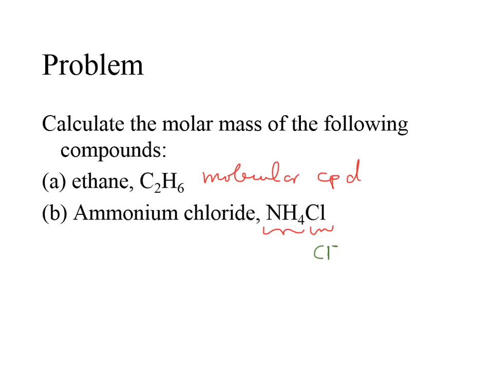The NH4 is actually NH4 plus, and when NH4 plus combines with Cl minus, that forms an ionic bond. And here we have one of the exceptions to the rule I said.